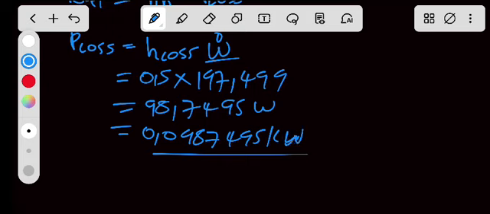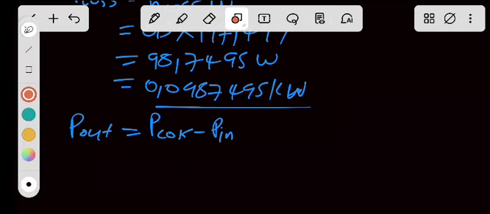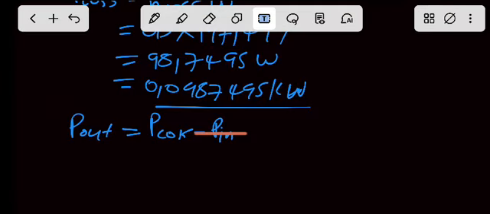So P out, as we have said, is P in minus P loss.